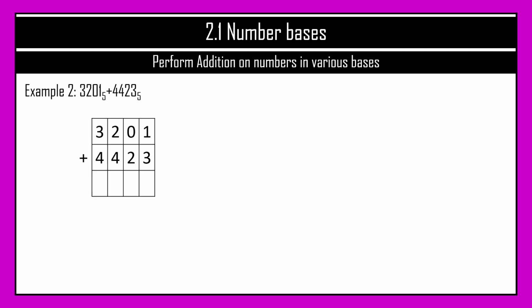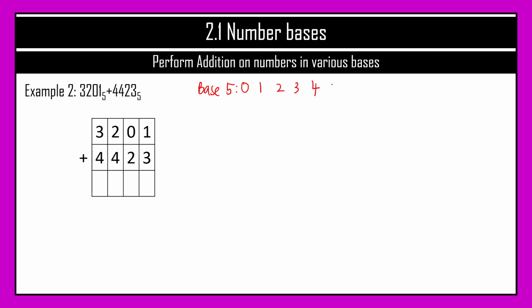Let's look at the second example. I have 3201 base 5 add with 4423 base 5. Now I'm going to use another method, which is listing down the numbers for base 5. You already learned this earlier in this chapter: 0, 1, 2, 3, 4.